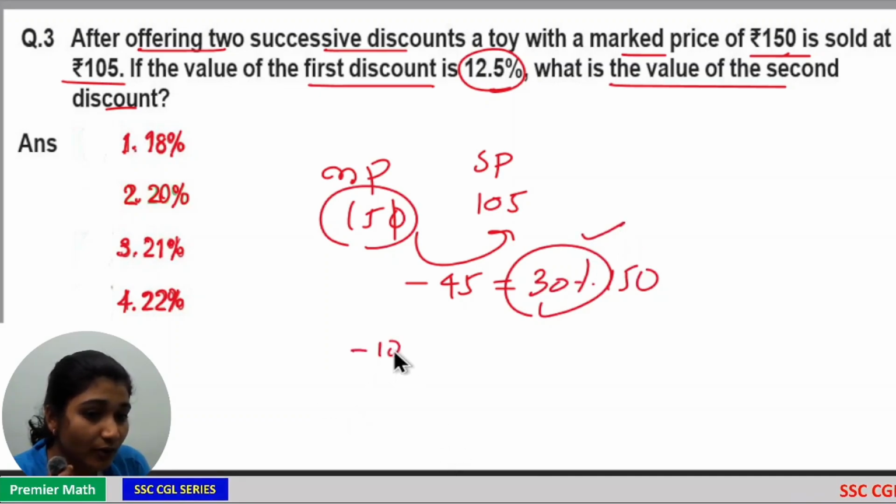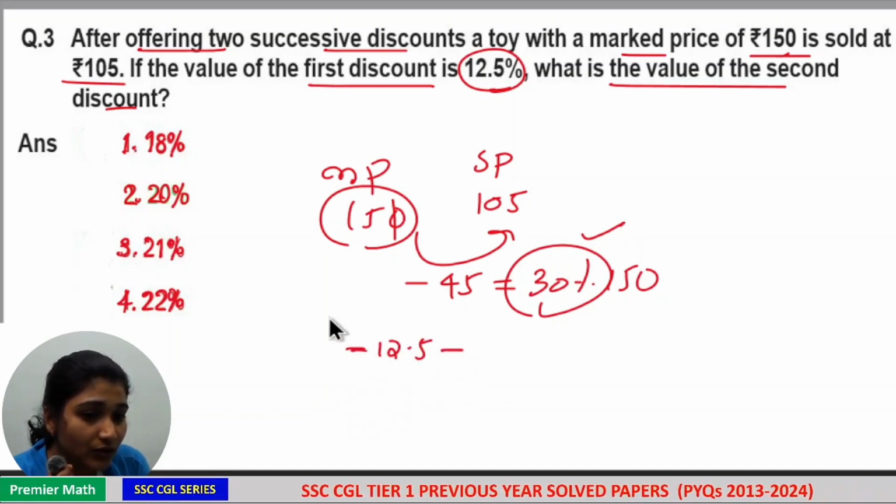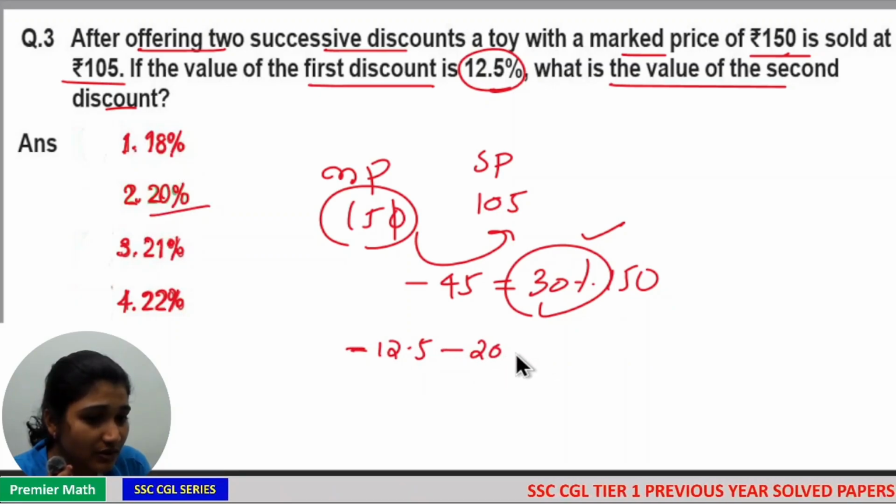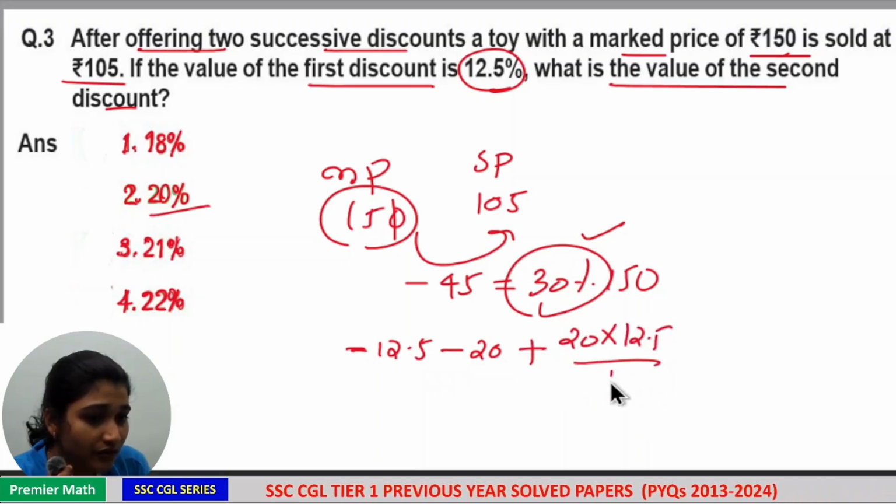Initial discount is 12.5%. So if you use a plus b plus ab by 100 for discount. So by guessing, if I'm taking 20%, then second discount 20% means here this will be 20 into 12.5 divided by 100.